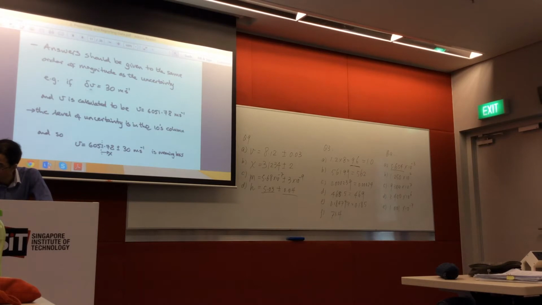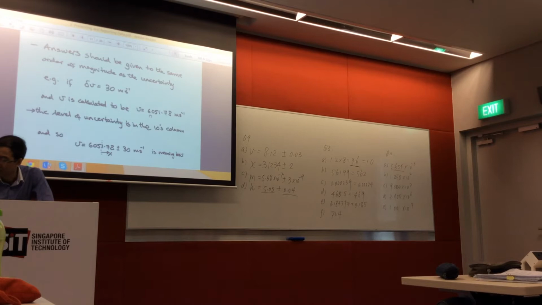So if you look at this example, if your uncertainty of the velocity is 30, what is your order of magnitude for the uncertainties? Actually it's 10 to the power 1. And if your answer for V is this one, how should you report the number?